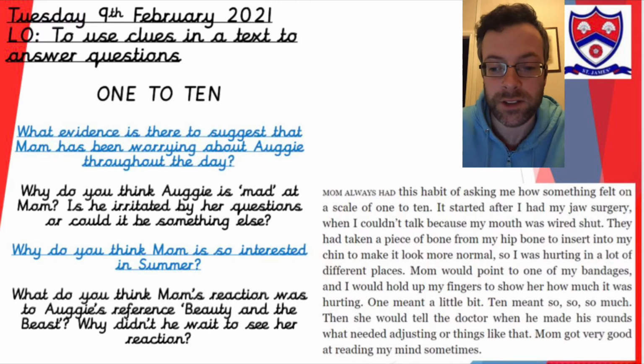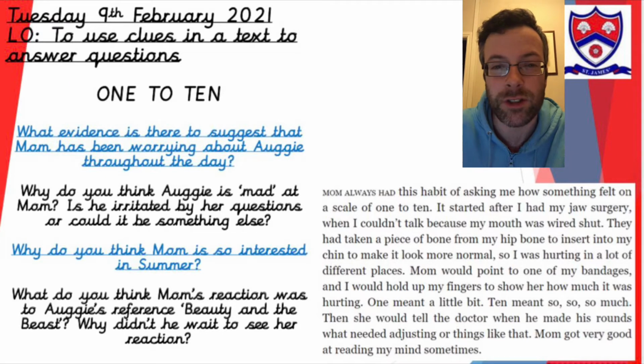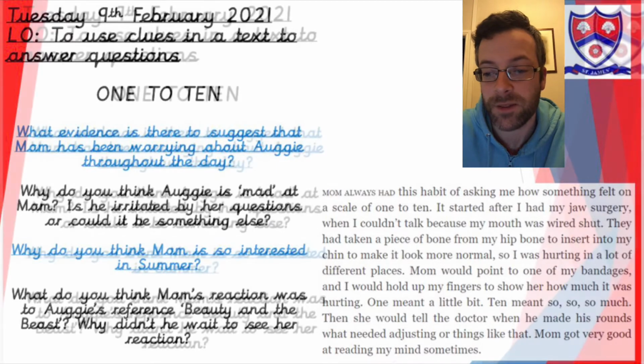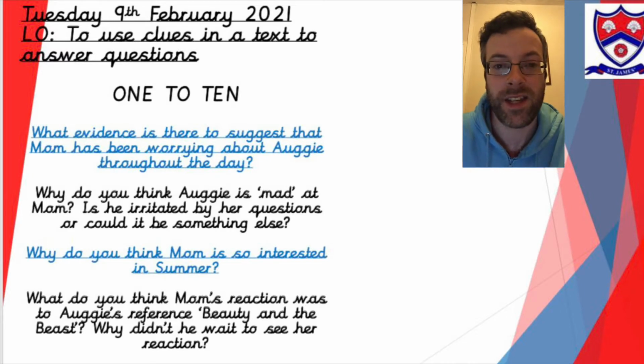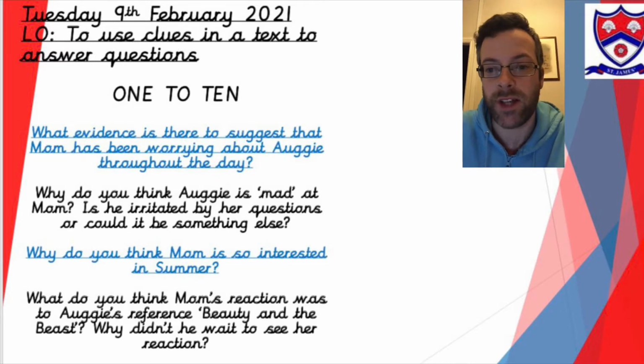Then she would tell the doctor when he made his rounds with what needed adjusting or things like that. Mum got very good at reading my mind sometimes. After that, we got into the habit of doing the 1 to 10 scale for anything that hurt. Like if I just had plain old a sore throat, she'd ask 1 to 10, and I'd say 3 or whatever it was.